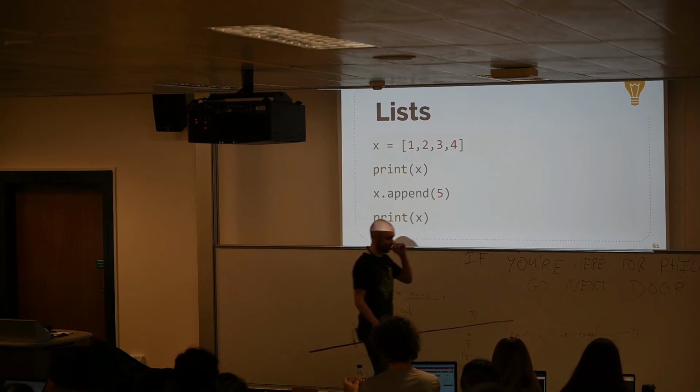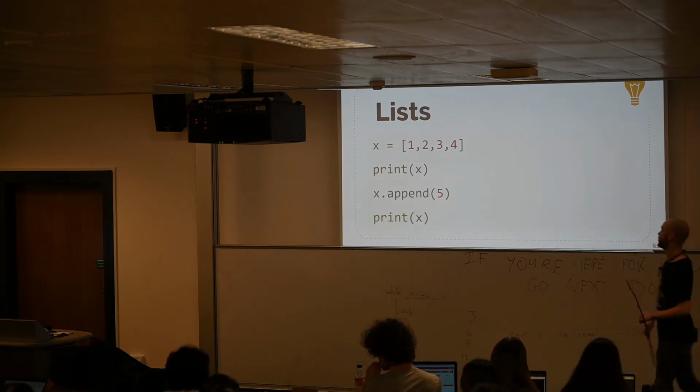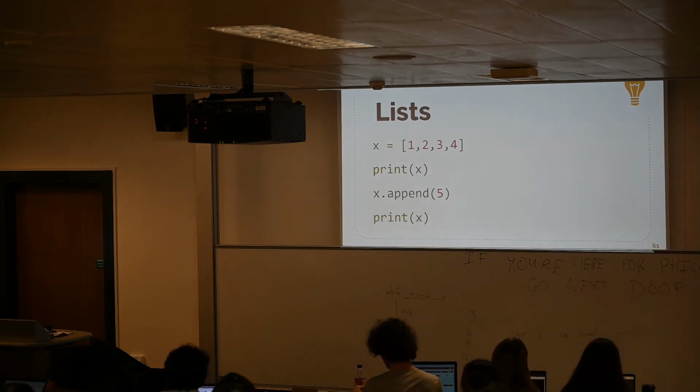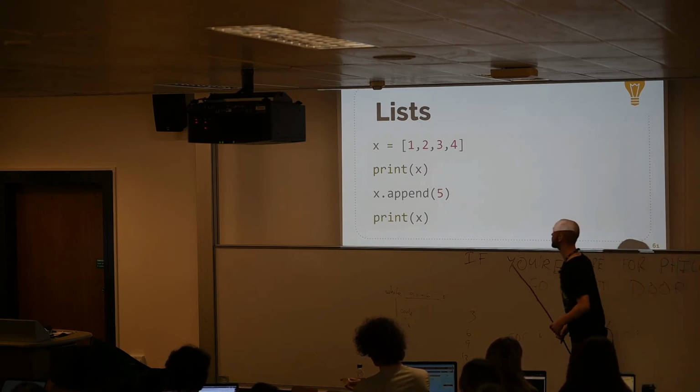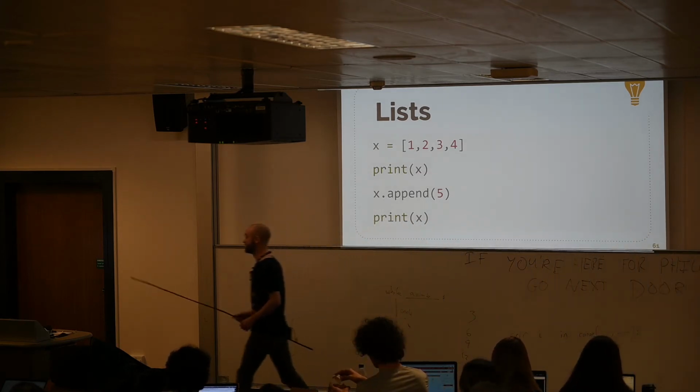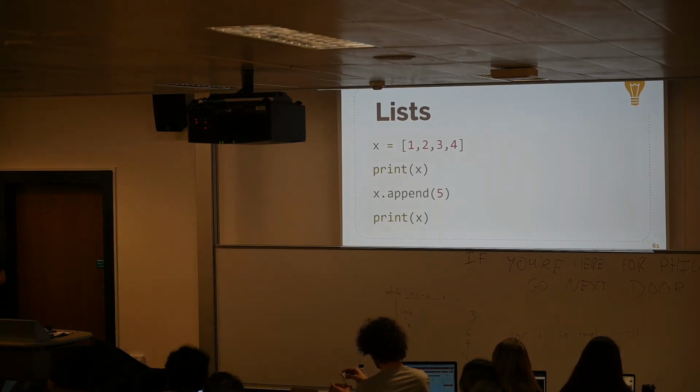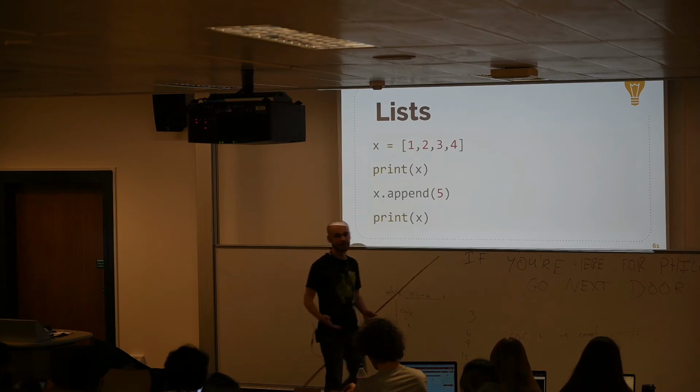So the next thing I want to talk about is lists, which is a fancy name for lists. It's basically just data sort of yeeted together somewhat. And these are really useful because sometimes you want to store a number of things and you don't know how many of those things you need.